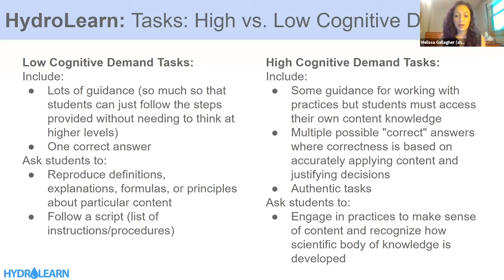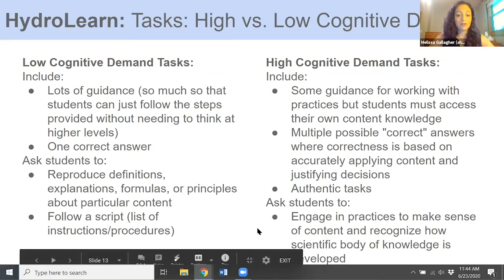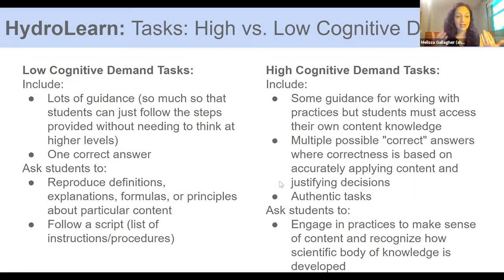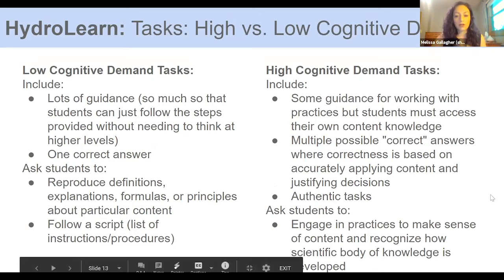High cognitive demand tasks also ask students to engage in practices where they have to make sense of the content and recognize how the scientific body of knowledge is developed. So more understanding the design process, or the empirical scientific method process.